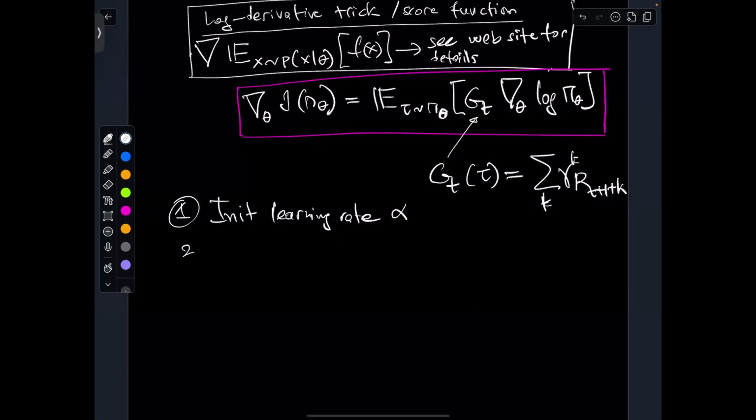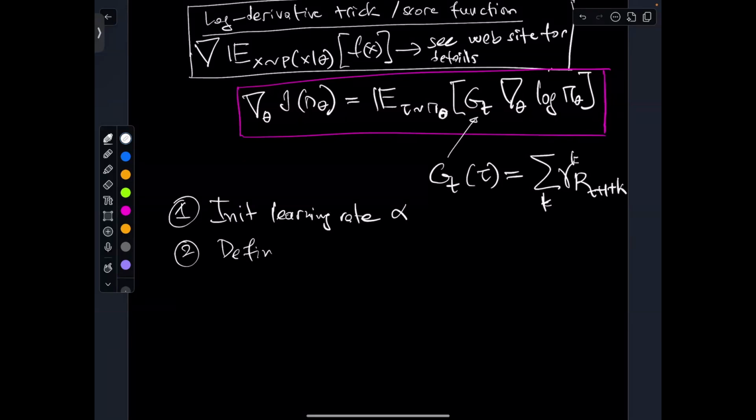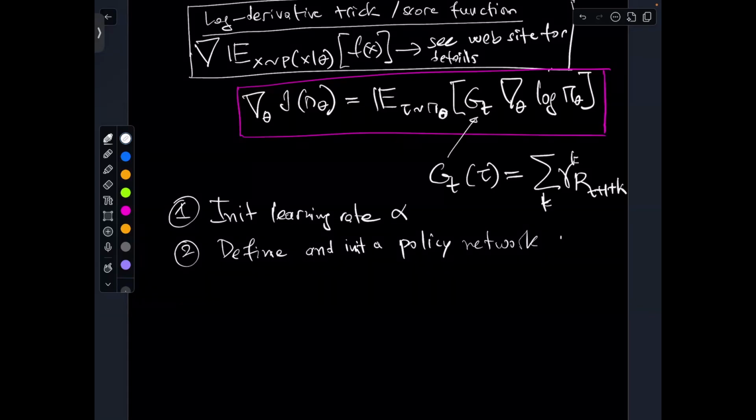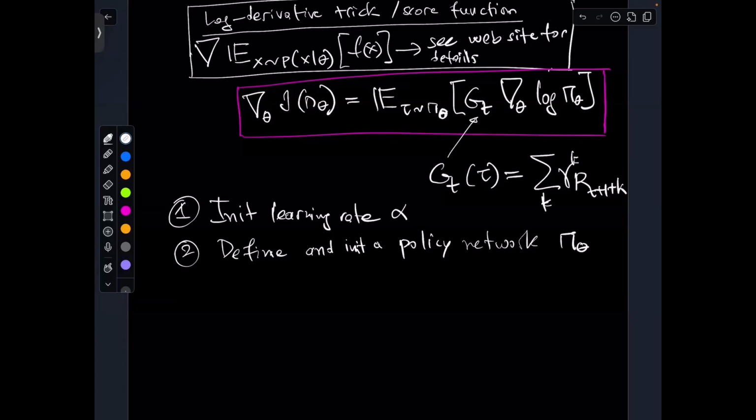We define and initialize a policy network, which we always symbolize with pi of theta.